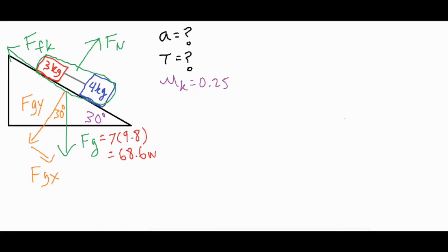Okay, so that's going to be the hypotenuse of our triangle, and then we want the opposite side for our FGX. So for our FGX, we're going to end up doing 68.6 newtons times the sine of 30 degrees, and then that's going to give us 34.3 newtons. Now for our y component, we're going to do something very similar.